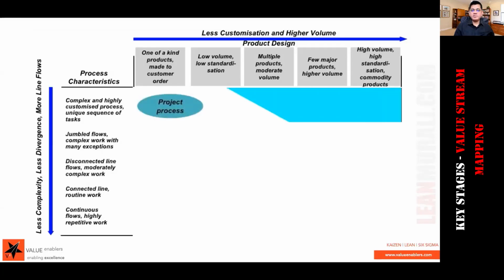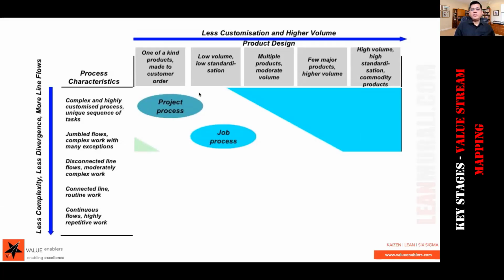Let us see some examples. One of you rightly mentioned here a project process. Any new project that you said, when I asked about one of its kind made to the customer order, is probably a project process. Right?